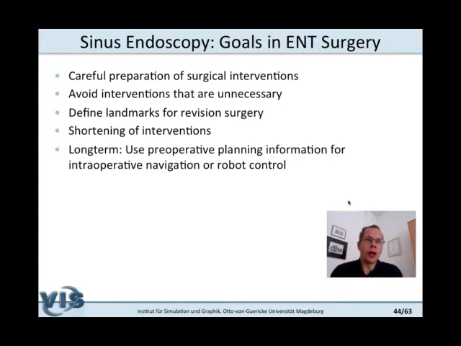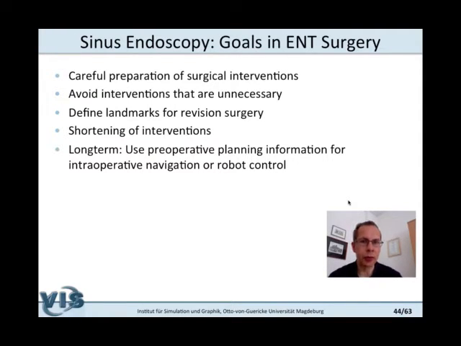So what are the goals here in ENT surgery, or in particular in sinus surgery? Virtual endoscopy should serve for a careful preparation of these surgical interventions. This careful preparation should also include the question: is surgery really necessary, or maybe it is possible to avoid this?